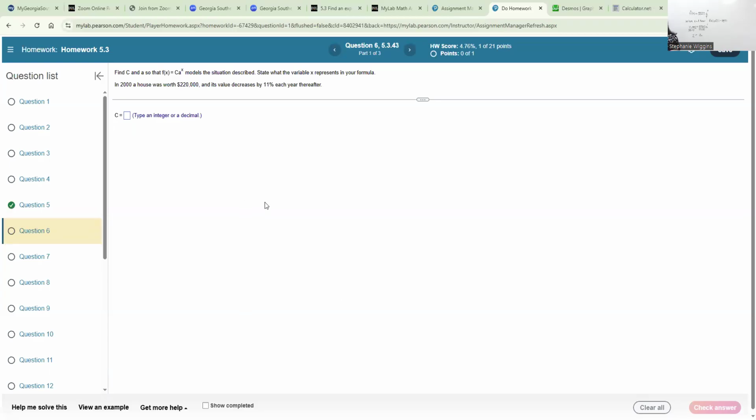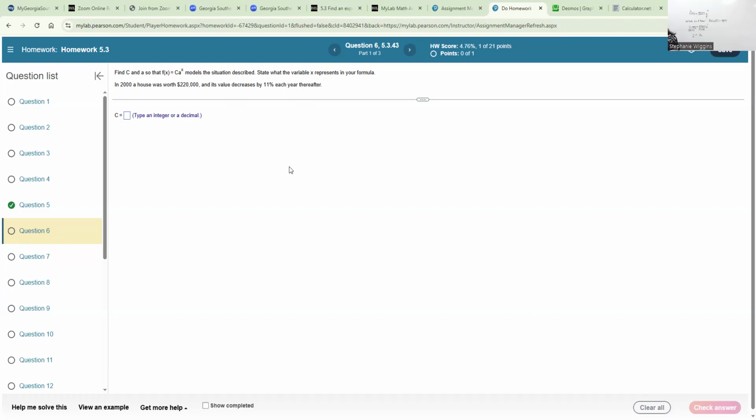All right, in the next problem, we're again asked to find C and state what the variable x represents. In 2000, the house was worth 220,000 and its value decreases by 11% each year thereafter.